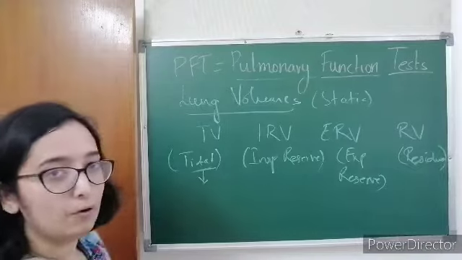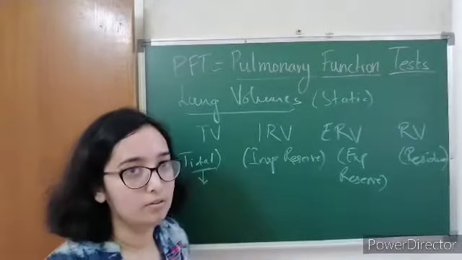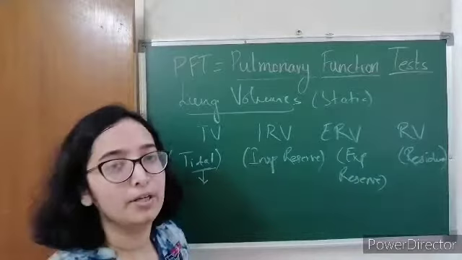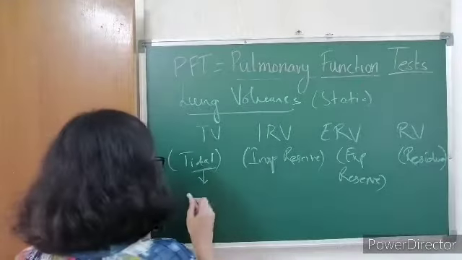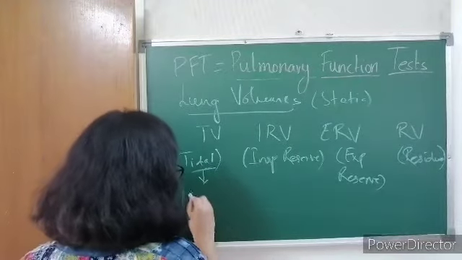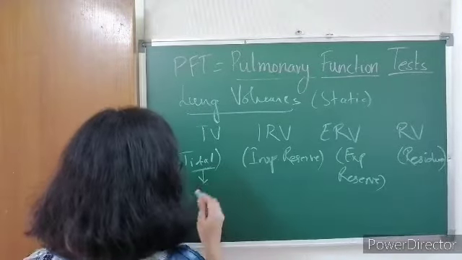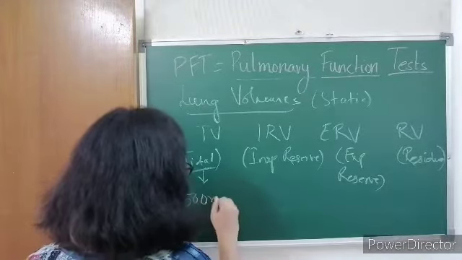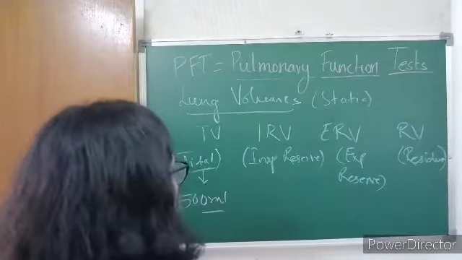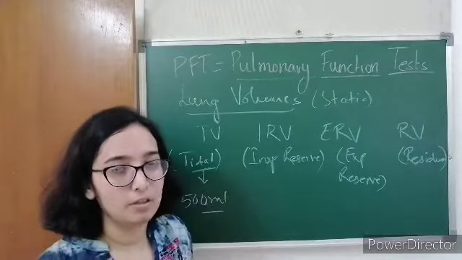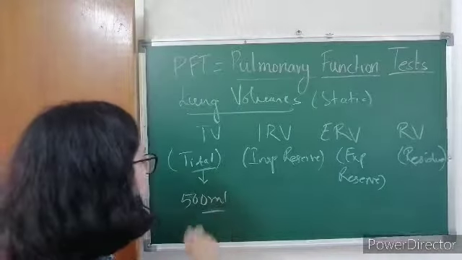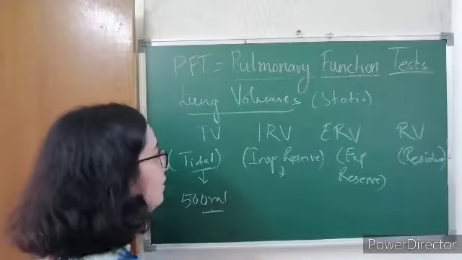So tidal volume is the amount of air that is breathed by an individual in normal respiration. It comes to 500 ml. Okay. So tidal volume is the amount of air that is breathed by an individual in a normal respiration. It is 500 ml.